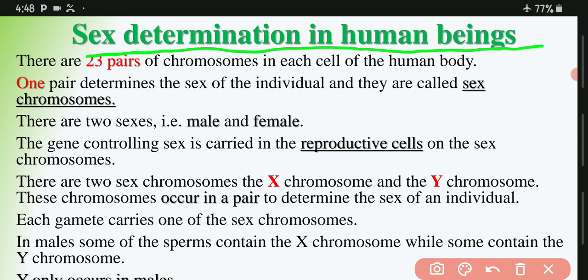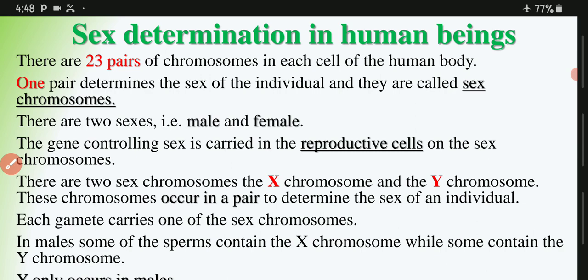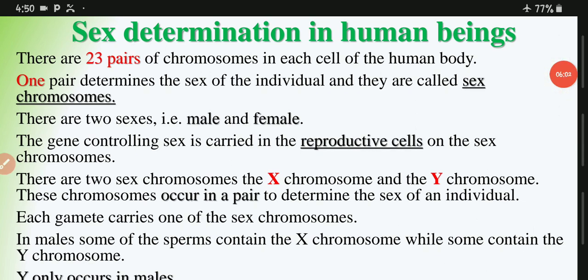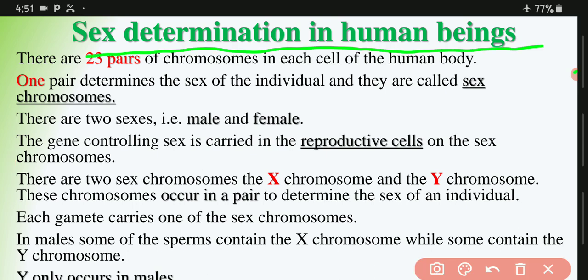Out of these 23 pairs, one pair determines the sex of the individual, and this pair is called the sex chromosomes.